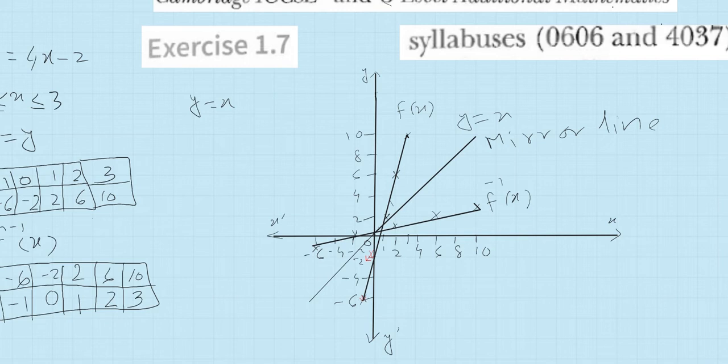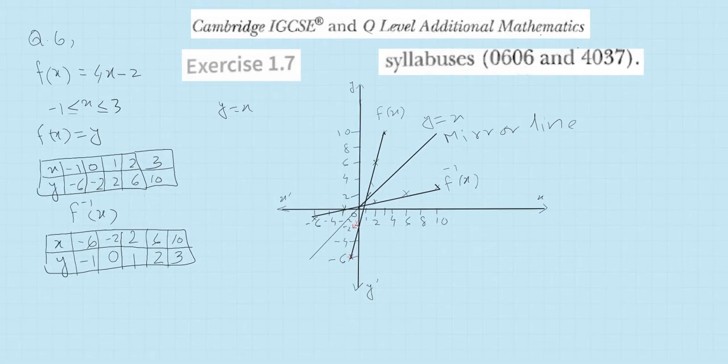But the theme is, in order to draw the graph of f(x) and f inverse x, what you have learned from this class is that these are mirror images of each other. Okay, students, this is the final overview of question number 6. You can capture this screen. Move to question number 7.